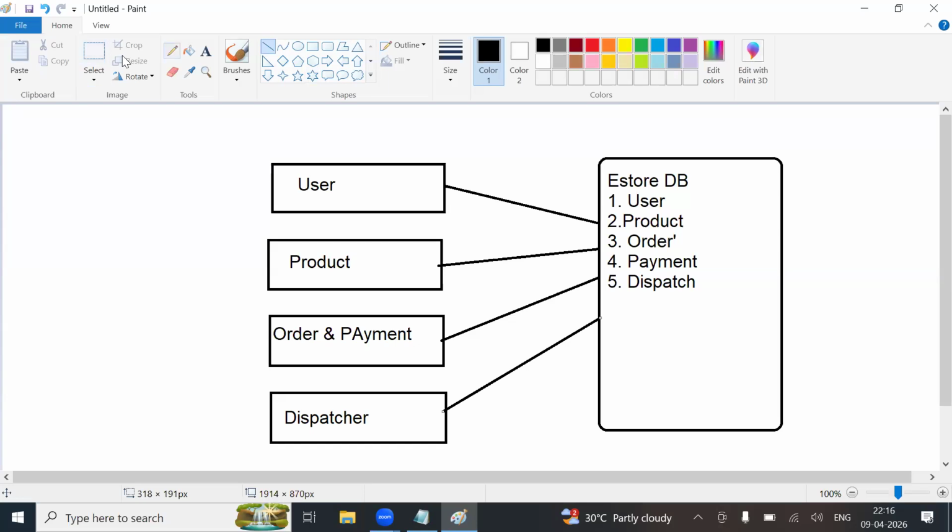Let's take an example. So in microservice architecture, if anything goes wrong on a particular table, the entire DB will be crashed. When the entire DB crashes, the microservice architecture itself fails. Am I right? Yes, sir.